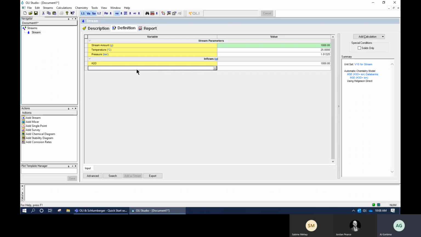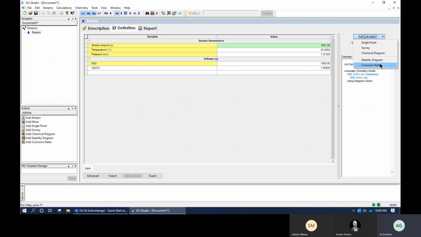Now I'm going to add calcium carbonate to the water. Okay, and I'm going to add 1 gram of it. Now what I'll do from here is just ask the software what the pH and the properties are of this solution at ambient conditions. The way I do that is to add a calculation, and there are 5 different calculations available to me, again depending upon what you're licensing.